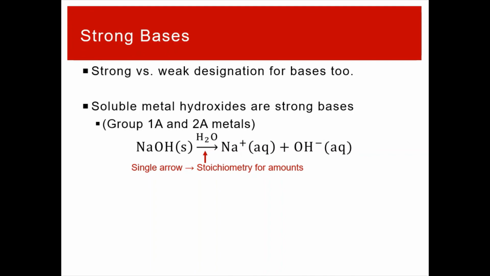And this is the same idea of nominal concentration when we know that ionic compounds actually dissolve into their separate ions, but we still call it a 0.1 molar sodium hydroxide solution. Even though at the molecular level, there are sodium cations floating around separately from hydroxide anions, we still call it a sodium hydroxide solution, even though it isn't actually little bits of sodium hydroxide floating around. It's the separate ions.